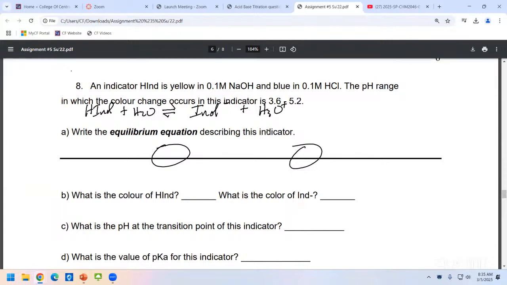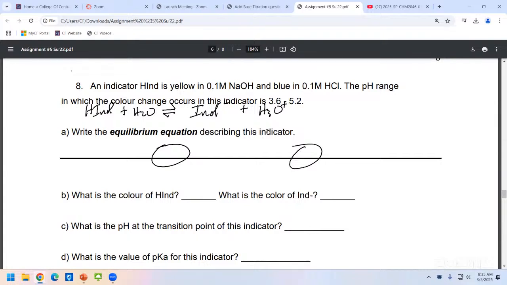So how will the system respond? If you suddenly decrease the concentration of hydronium by adding hydroxide, which direction will the equilibrium shift? Will it shift to the right or to the left? Remember Le Chatelier's principle?